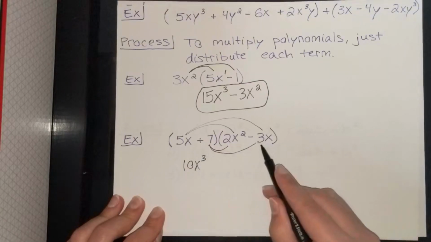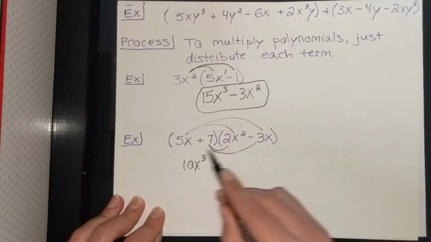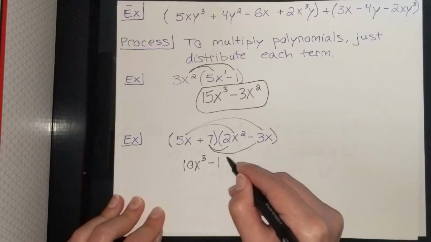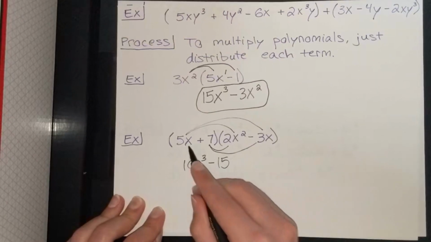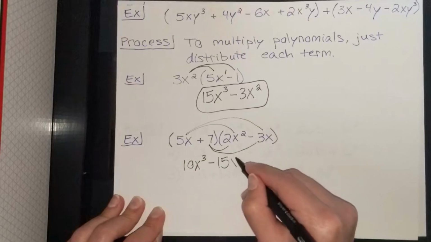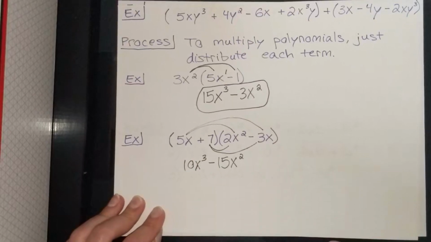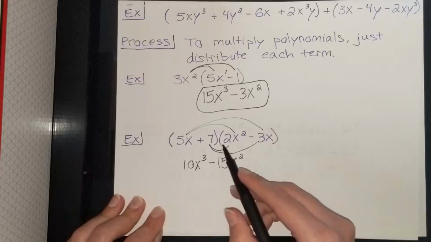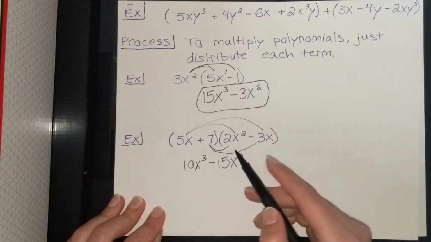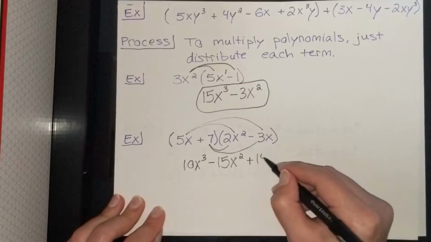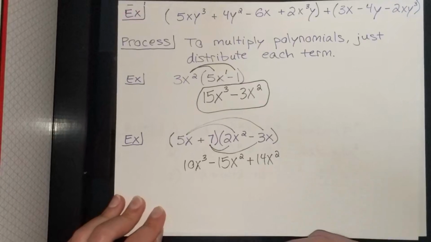And now 5x times negative 3x, 5 times negative 3 gives us negative 15. And x times x gives us x squared. From here we have 7 times 2x squared gives us plus 14x squared.